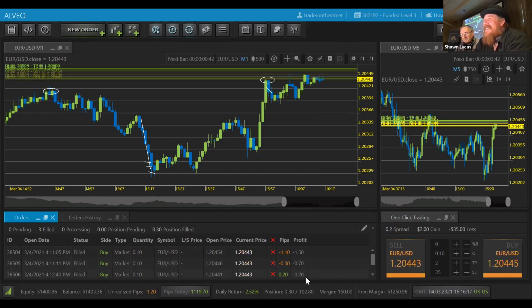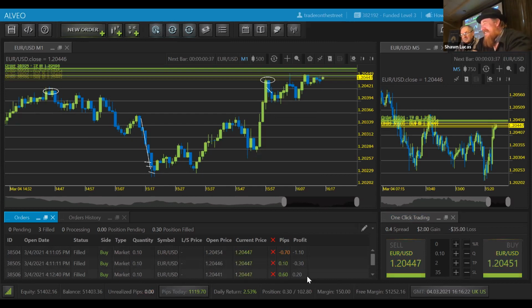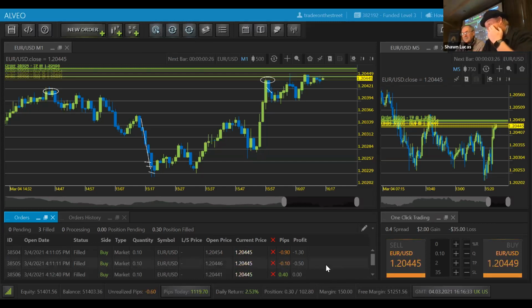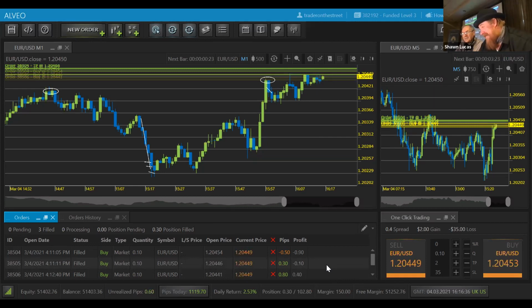So you close out the top trade, the biggest losing trade. Come on. It's holding. Ted, it might actually do it. It's holding in that upper range. Pressing on it, pressing on it.